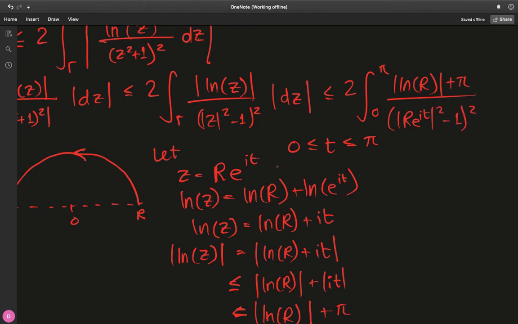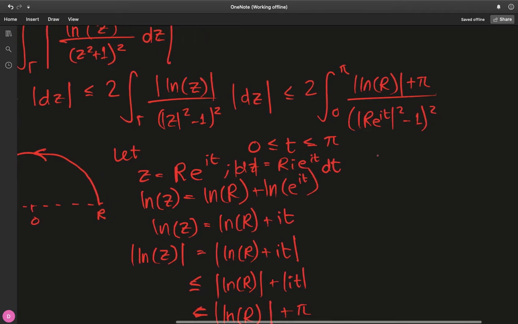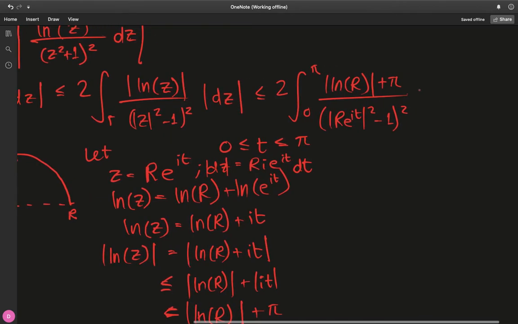And then dz, differentiating this, is r i times e to the it dt, and mod of dz is going to be, well, mod of r is just r, mod of i is 1, mod of e to the it is basically the unit vector, so that becomes 1, and dt is just dt, so this becomes r dt.